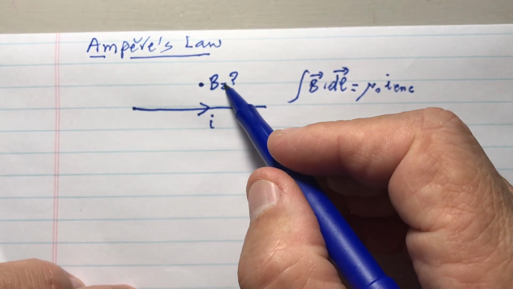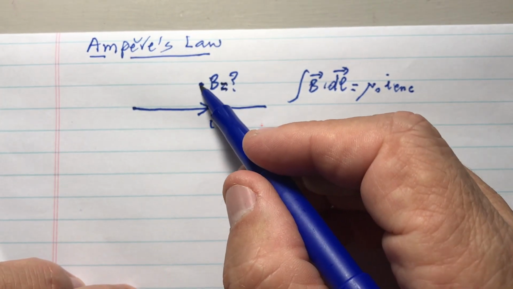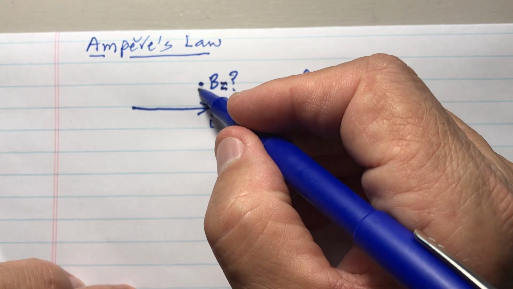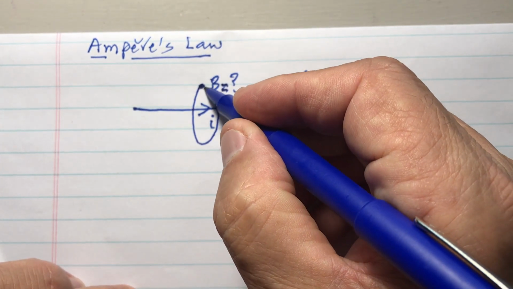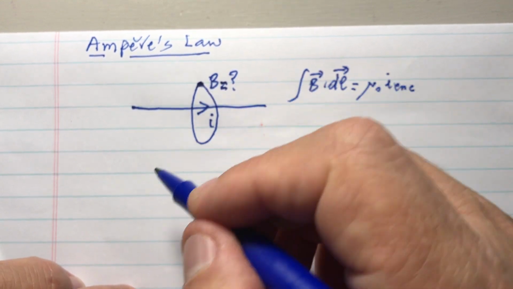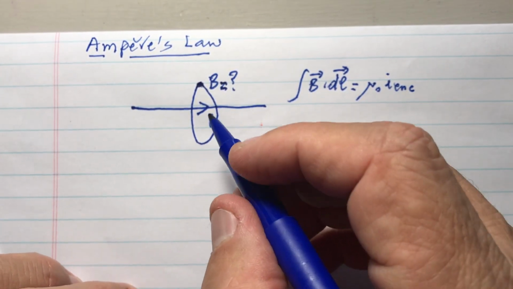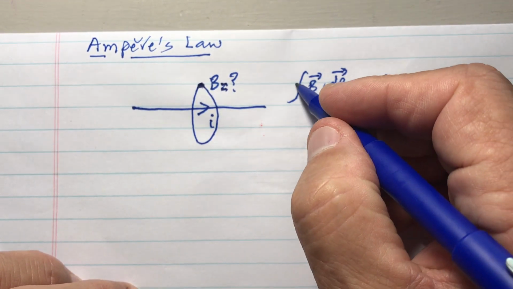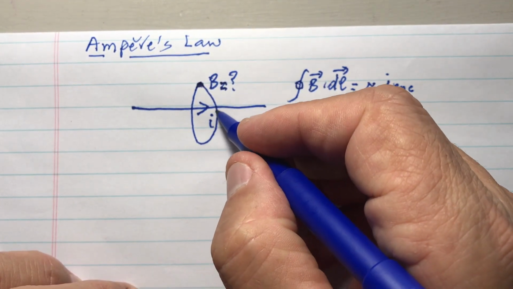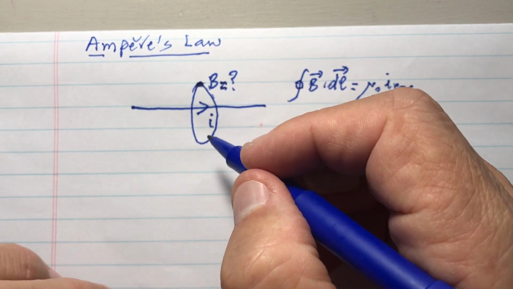Since you want to find the magnetic field at this point, you draw a loop that goes like this. This loop is called the Amperian loop. Then you integrate along the whole loop.